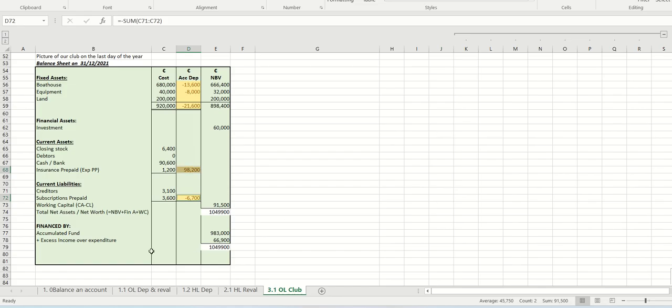That's your second minus. And in other topics, you might have a minus down here around drawings and things like that. We don't have that here at the moment. So there's only three possible minus areas. Everything else in your balance sheet is plus. So as you're practicing your layouts, that's a little tip to help you to get really good at those as well. All right, and that is it.